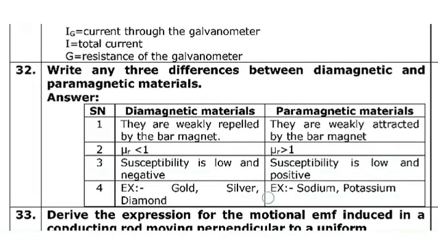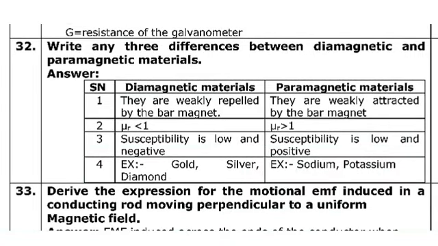Okay, next question number 32. Write any three differences between diamagnetic and paramagnetic materials. Here the first difference is that diamagnetic materials are weakly repelled by the bar magnet. Paramagnetic materials are weakly attracted by the bar magnet.